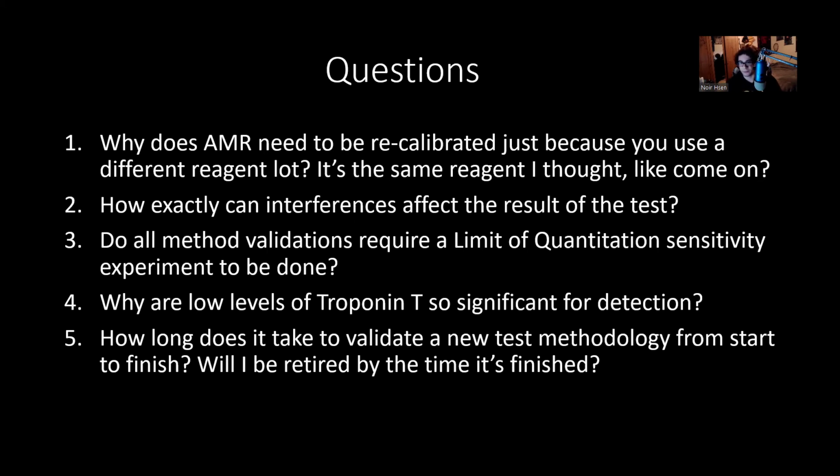How exactly can interferences affect the result of the test? So back with that slide that was showing the lipemic, icteric, or if they're taking certain medication. Well, it could vary. Some can raise the value, some can lower the value, some can mask it. It really depends on what the drug is doing. It depends if the instrument can read a very lipemic sample.